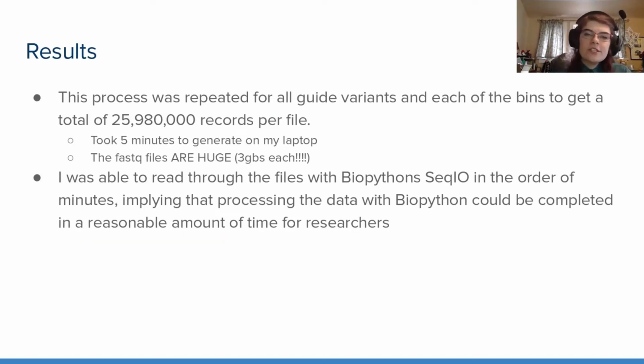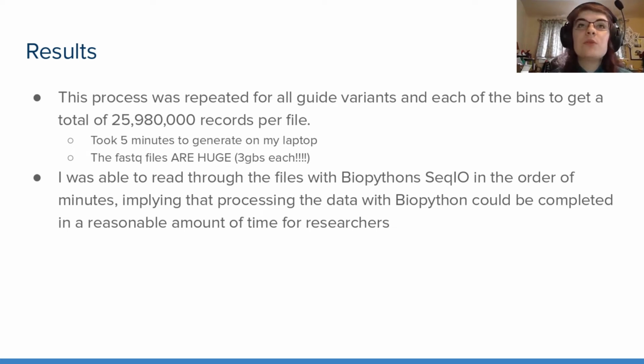And so the results of the synthetic data: it ended up getting a total of 26 million records per file, which is huge. It took about 5 minutes to generate these FASTQ files on my laptop, and these end up being huge because they're super flat files. Ended up being 30 gigs each. Really hard to send over Slack.